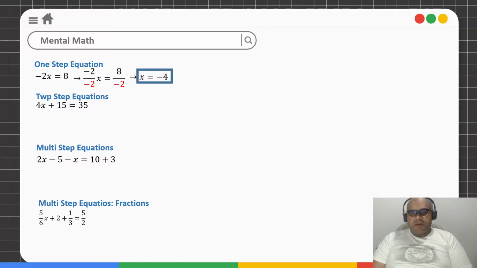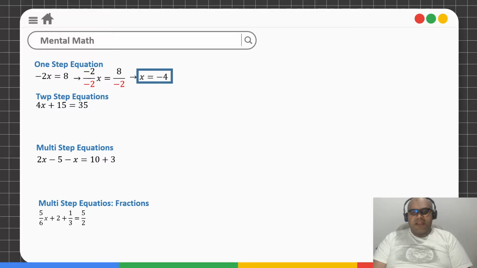In two-step equations, we have over here 4x plus 15 equals 35. First of all, where is the variable, left or right? We notice it is on the left again. And what is the math operation next to the variable? Okay, not tied to the variable. Next, first, because it's two steps, it is adding 15.